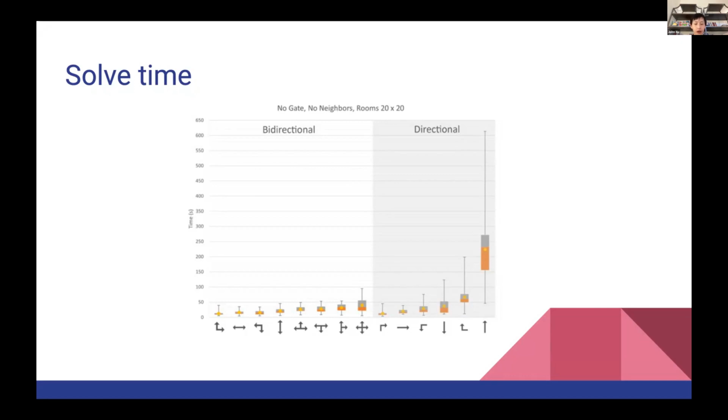But first, what is the graph showing? The idea is that we have different passageway types for the rooms. So the rooms can have different directionality in the local room.